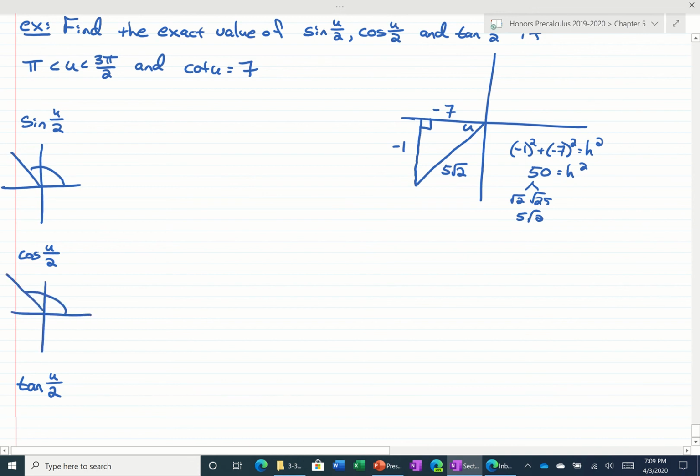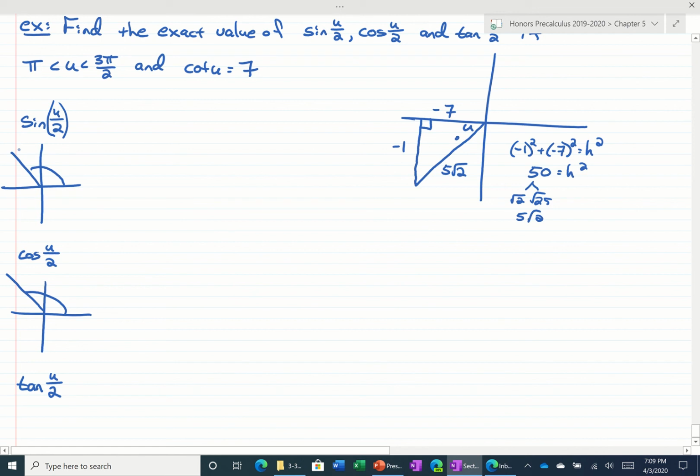All right. So what I did is I said pretend u is any number in quadrant 3, like 200 degrees. We're trying to figure out what's the sine of that angle divided by 2, right? So if u is 200 degrees, the sine of u divided by 2, we'd be figuring out if it's positive or negative, and that would put us in quadrant 2.